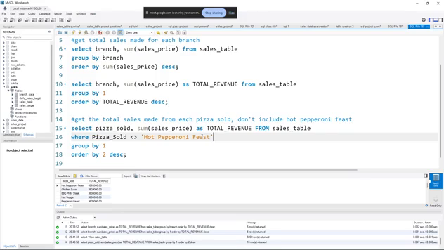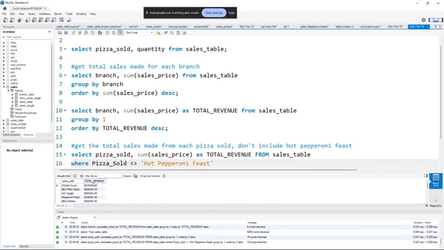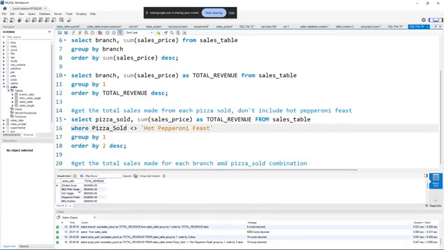Yes. So I can now run it. If you look at it now, hot pepperoni feast is gone.